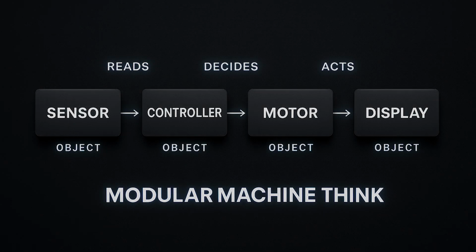In machines, everything is modular. Sensors read, controllers decide, and motors act. Each one is an object with its own data and its own logic. So when we define a class, we're defining the behavior of a real-world part. When we create an object, we're simulating a real module.